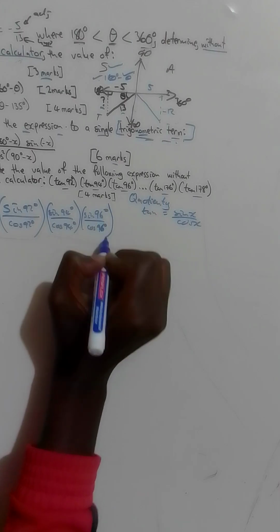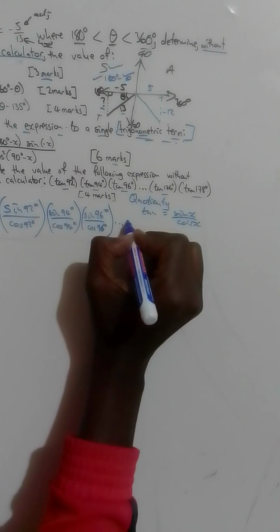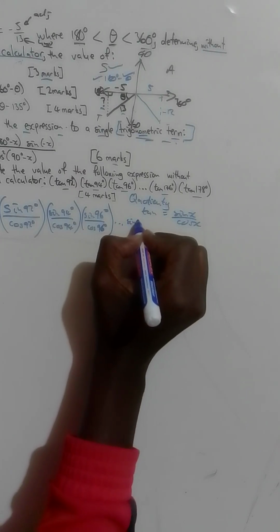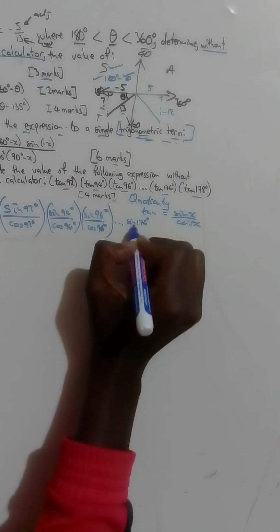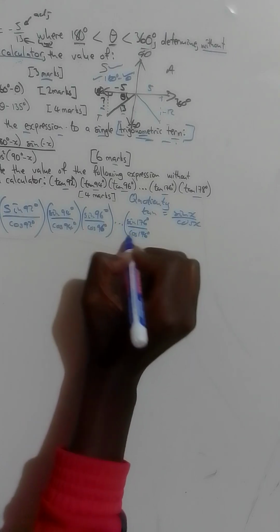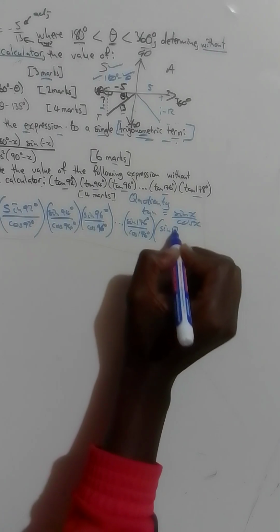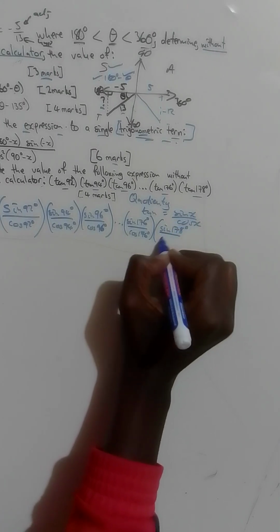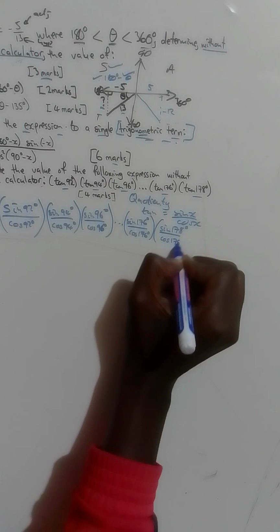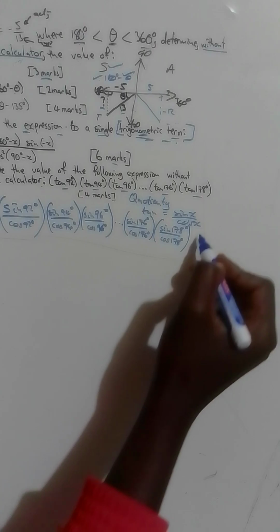First step, dot dot dot, my ellipsis, and then I say sin 176 degrees all over cos 176. And last but not least, sin 178 all over cos 178. People, just for doing this, just for knowing the quotient identity, 1 mark.